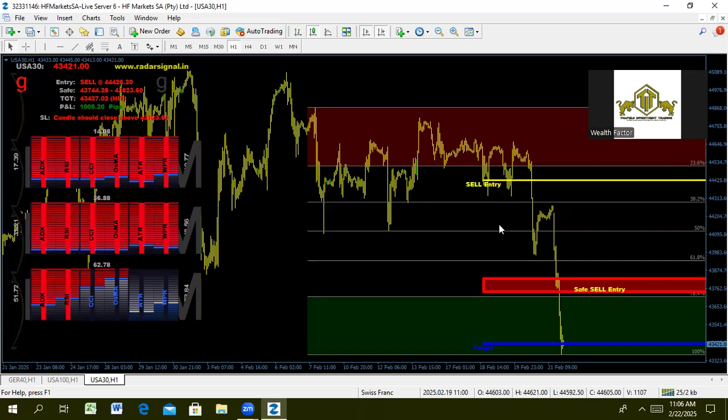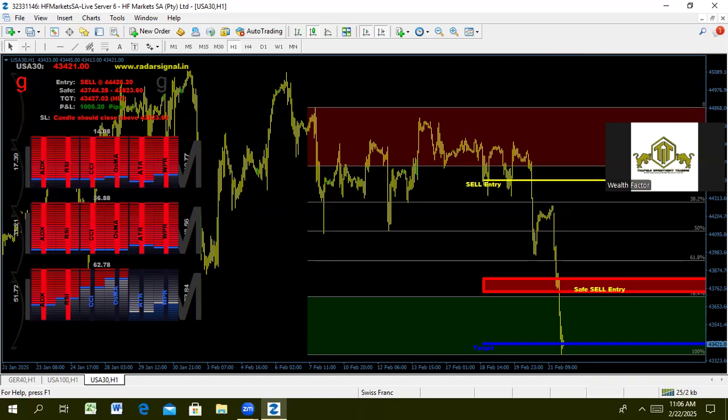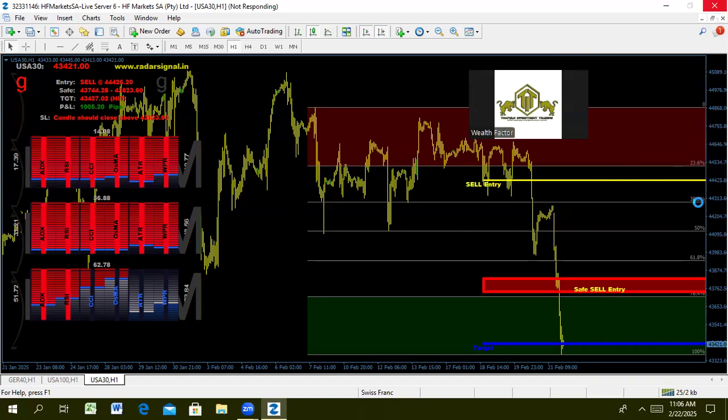As we all know, on the Fibonacci you have 0%, 23.6%, 38.2%, 50%, 61.8%, 76.4%, and then 100%.